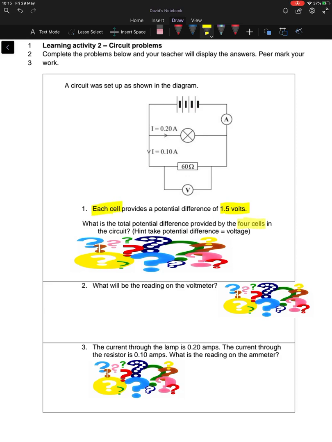What is the total potential difference provided by the 4 cells in the circuit? Total. 4 cells, each provides 1.5 volts. What do you reckon you need to do? You've got 4 cells. Just times it by 4. That would mean the battery up here gives 6 volts in total.